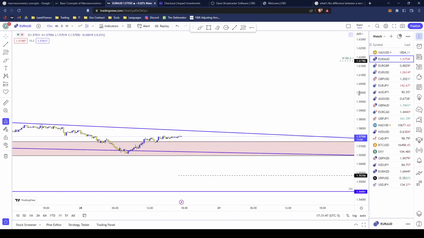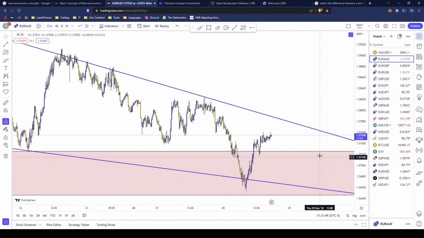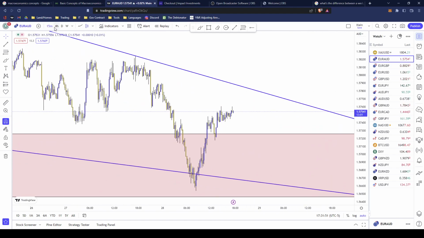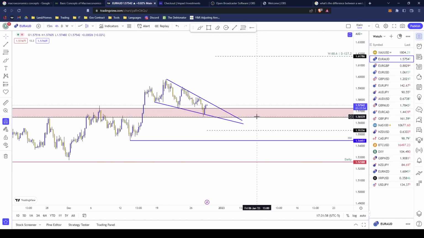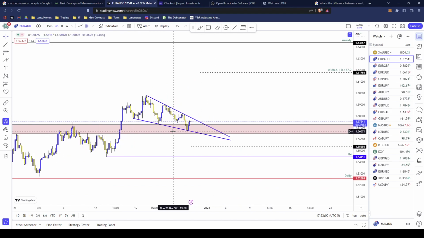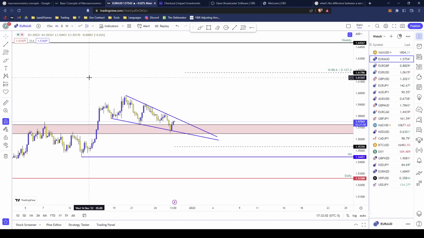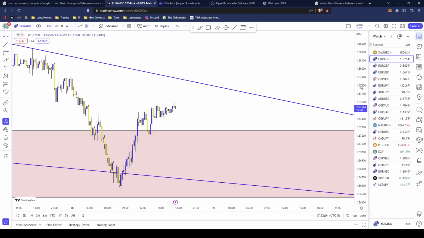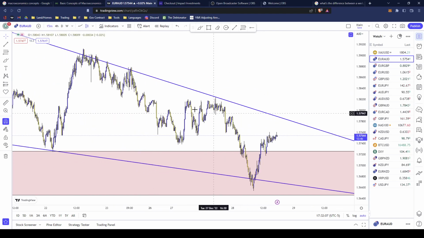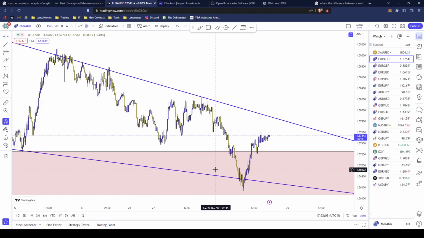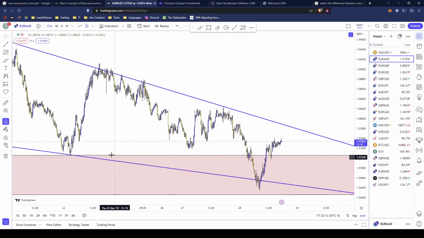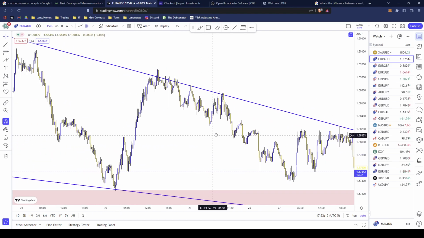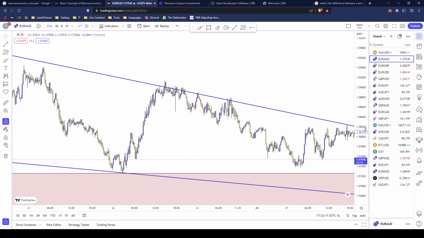I don't go into the 15 minute too often unless I'm really trying to get into some scalping moves. But as of right now, this is the level here. I want to see what it will do. If I wanted to, I can see, for instance, here we see that this is a 4 hour bearish pennant, so we can kind of gauge to see what kind of structure it's making during this pennant.